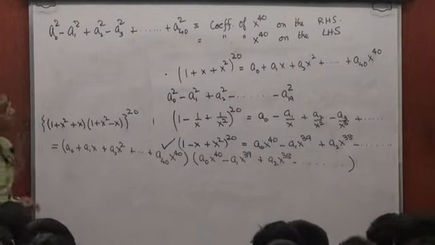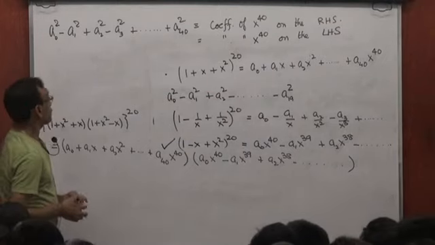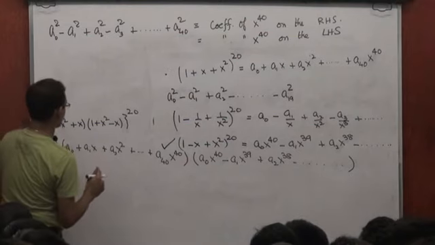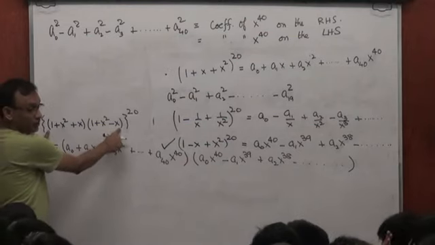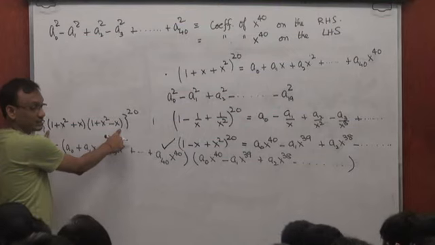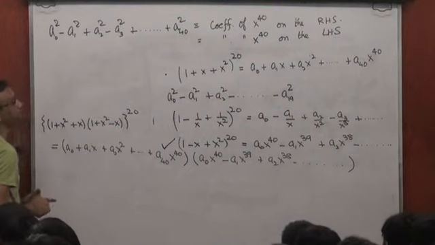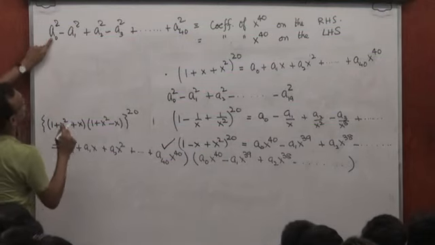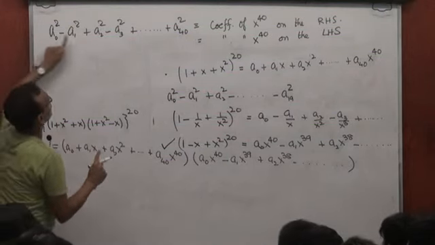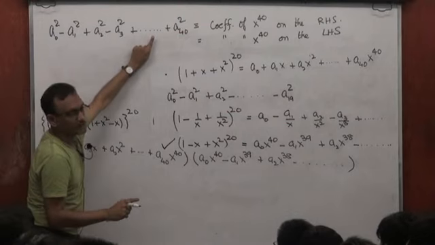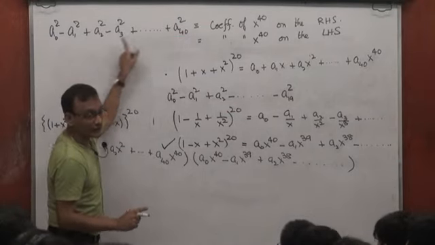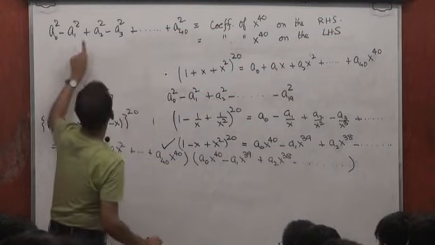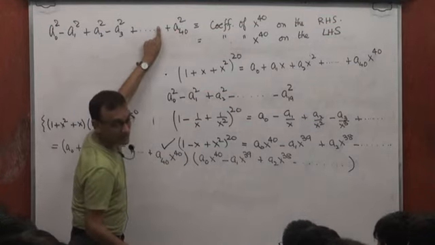Right? That means all that I need to do is find the coefficient of x power 40 here. One of the things that of course you can do is go up to a19 squared and then a20 squared, and all others would get added up. A40 is the same as a0, a39 the same as a1.